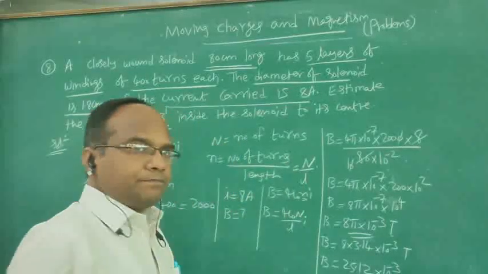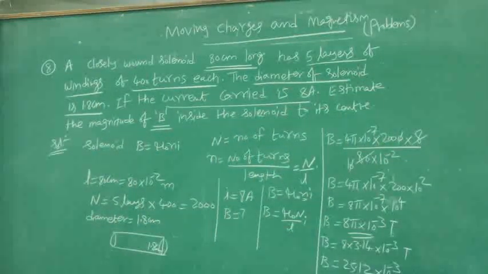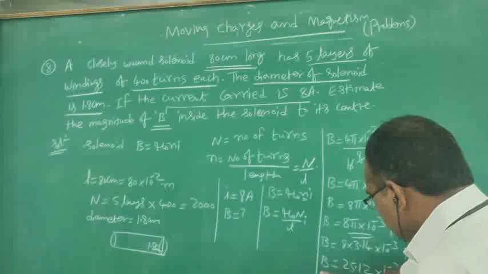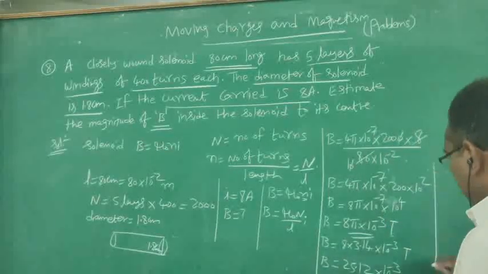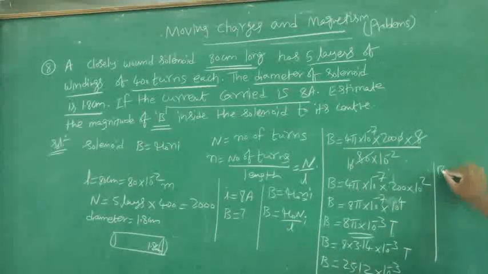This is 1. Like this also we can do it according to the textbook answer. So here I am writing this can be B is equal to 2.512 into 10 to the power of minus 2 Tesla.